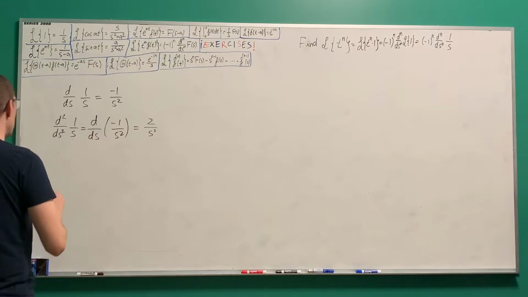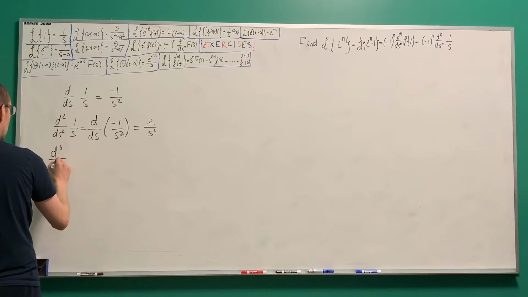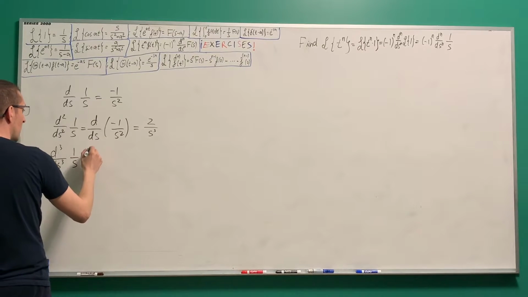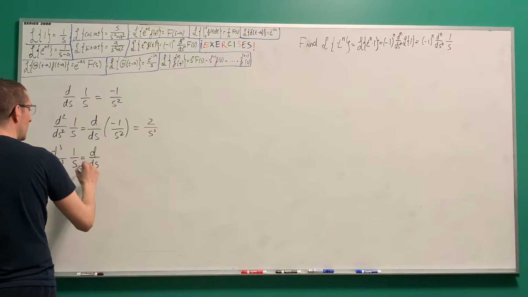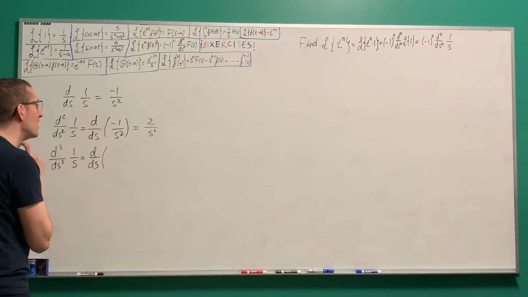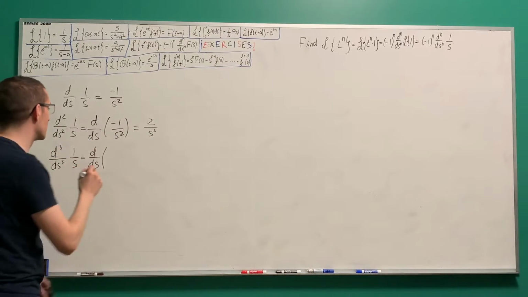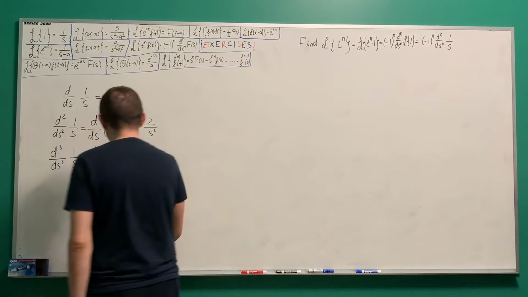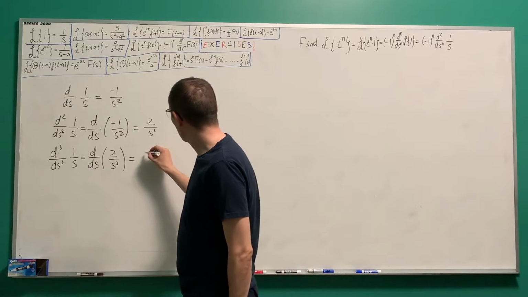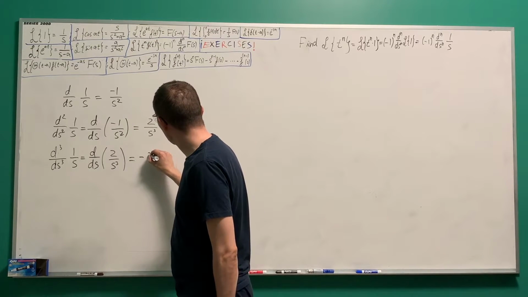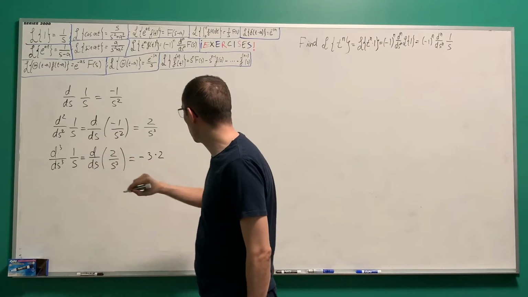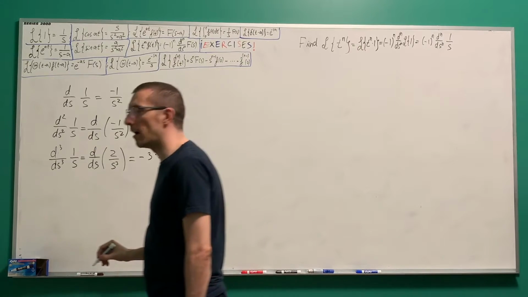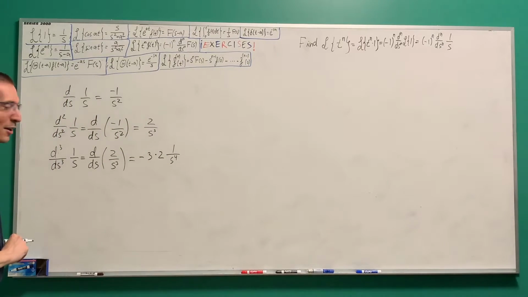Okay. Now, the third derivative of 1 over s is the d/ds of the second derivative, and the second derivative I just computed, which is 2 over s cubed. All right, so that means that I get a minus 3, so I'm going to write it like that, minus 3 times 2, the 2 comes out if you want, and this is 1 over s to the 4. I start seeing a pattern. Do you see it?